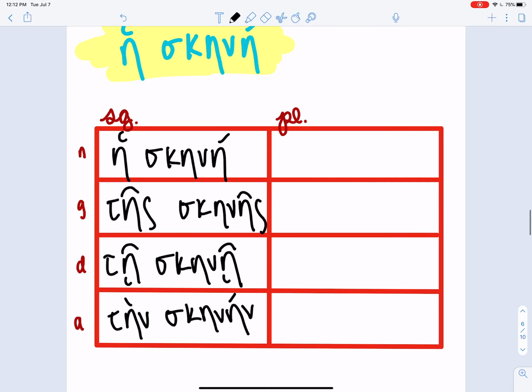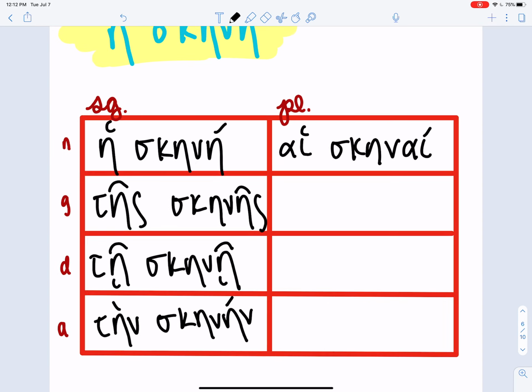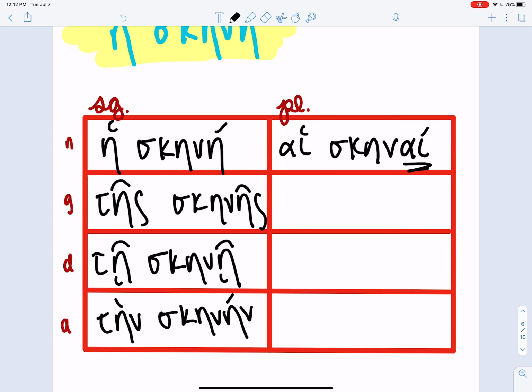For plural, hai, skenai. I know, it looks a little bit weird because we're now used to seeing all these etas in the singular, but the same is true. We keep the accent where it was, or at least in the equivalent spot, so we're going to accent that iota on the I diphthong.